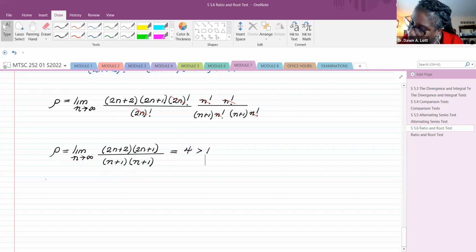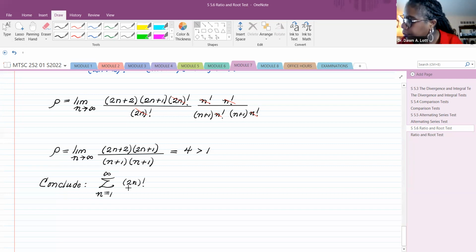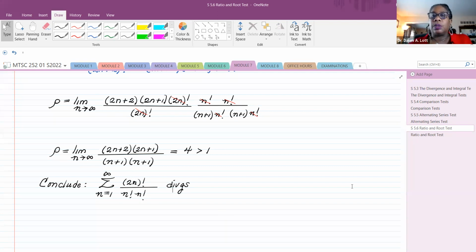So we can conclude that the sum from n equals 1 to infinity of (2n) factorial over n factorial times n factorial diverges. Okay, there are going to be some where you get a limit of 1. All you can say is the test is inconclusive.